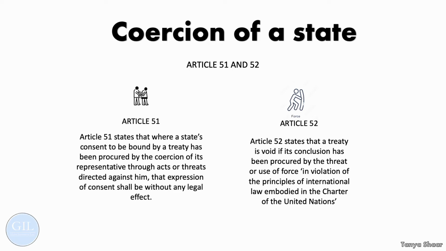So Article 52 states that a treaty is void if its conclusion has been procured by the threat or use of force in violation of the principles of international law embodied in the Charter of the United Nations. So similarly again, if coercion has been used or the state representative has been threatened by a use of force, the validity of the treaty will be null and it will go from a valid treaty to an invalid treaty.